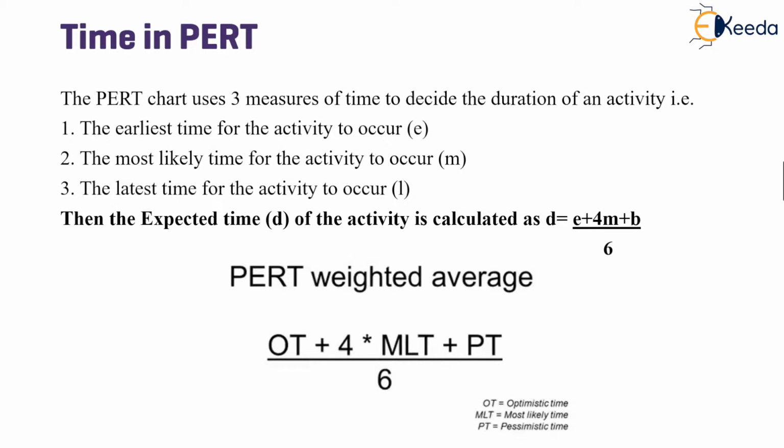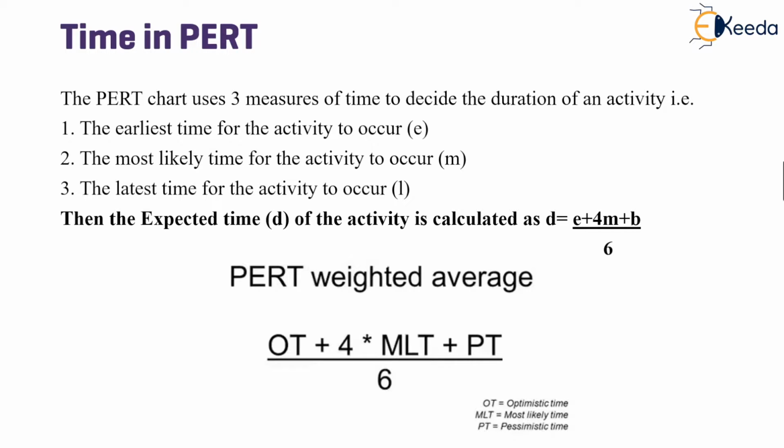Thus, PERT majorly uses three types of time or activity durations, which are all probable. First is optimistic time, which is the shortest duration required to complete the task. Next is pessimistic time, or the longest duration required to complete the task.